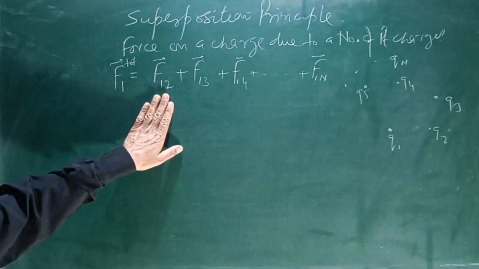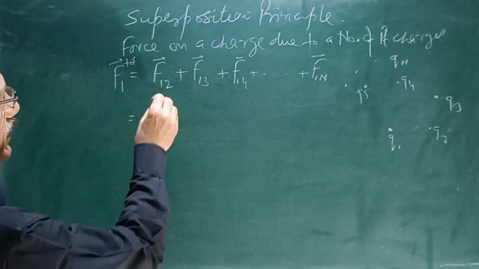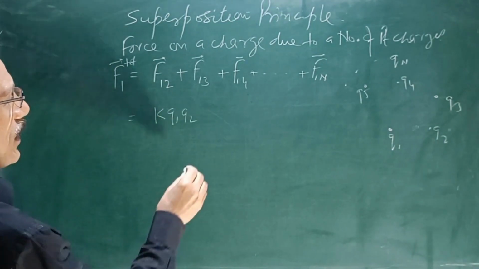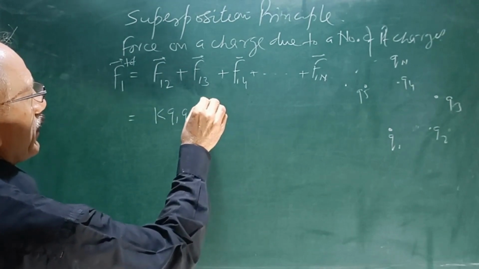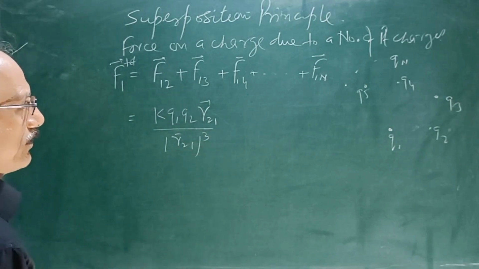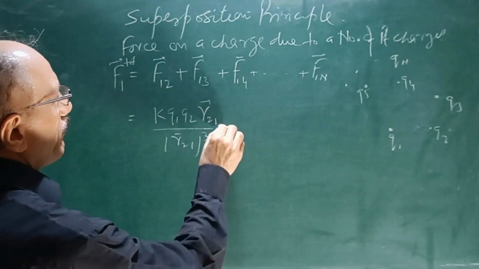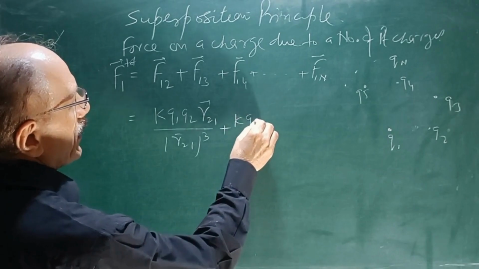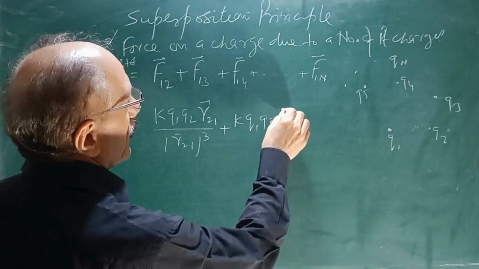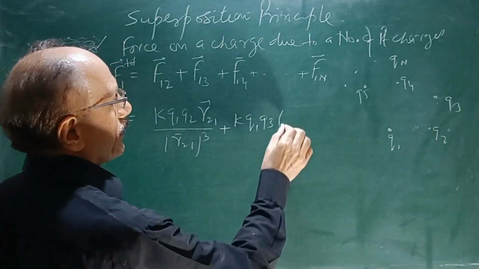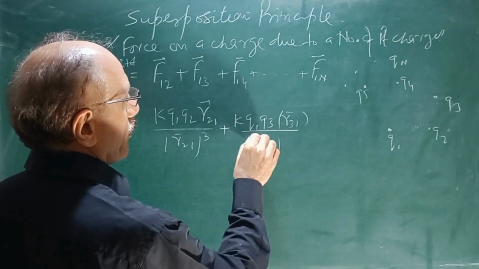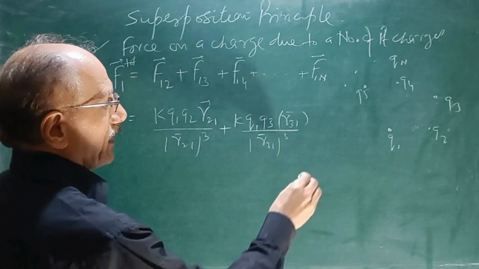So according to Coulomb's law we know that this will be the force K Q1 Q2 R21 vector divided by modulus of R21 cubed. Then F13 will be equal to K Q1 Q3 R31 upon modulus of R31 cubed.